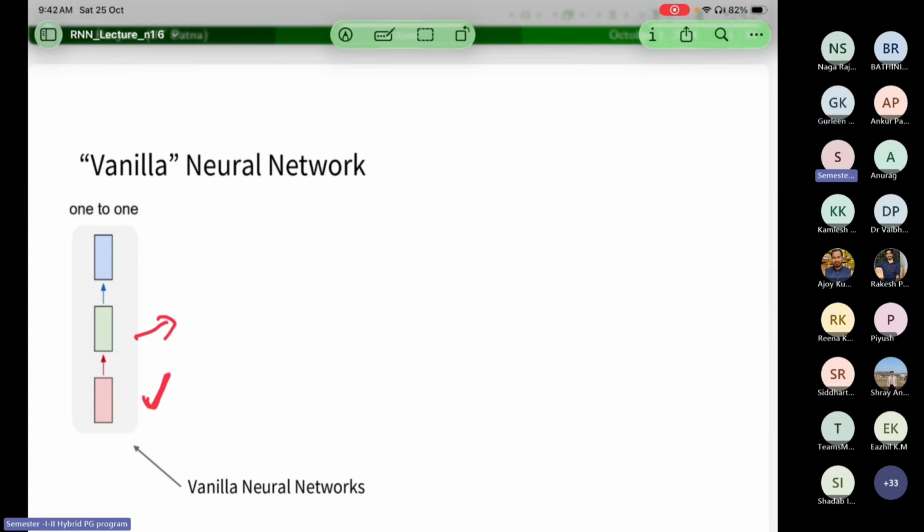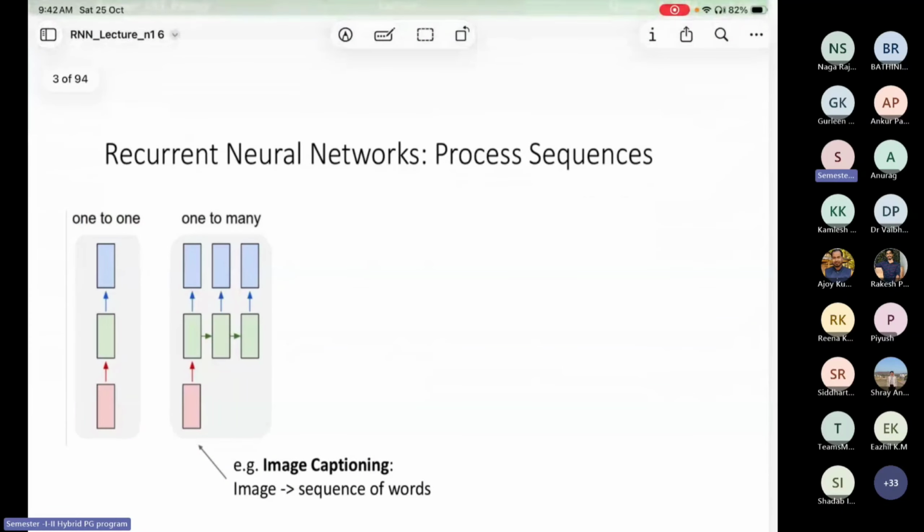You give the input, this is the neural network, and then you get the output. This is the simple CNN or fully connected that we have seen before. So this is called one-to-one mapping. Given the input, get the output, and in between you have the function. That function is your neural network, either fully connected or CNN, or a combination of both, or some other type of network also.